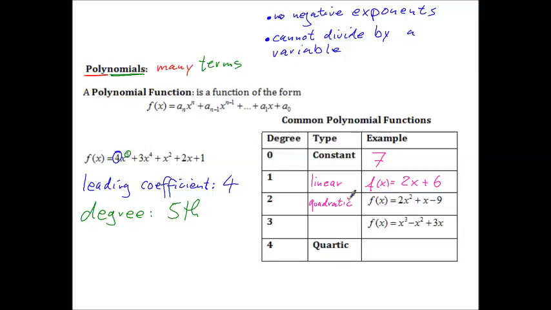A degree of 3 makes a function a cubic function: f of x is equal to x cubed minus x squared plus 3x. And if you have a degree of 4, that type of function is called quartic. An example could be f of x is equal to x to the 4th power plus x squared plus 8.